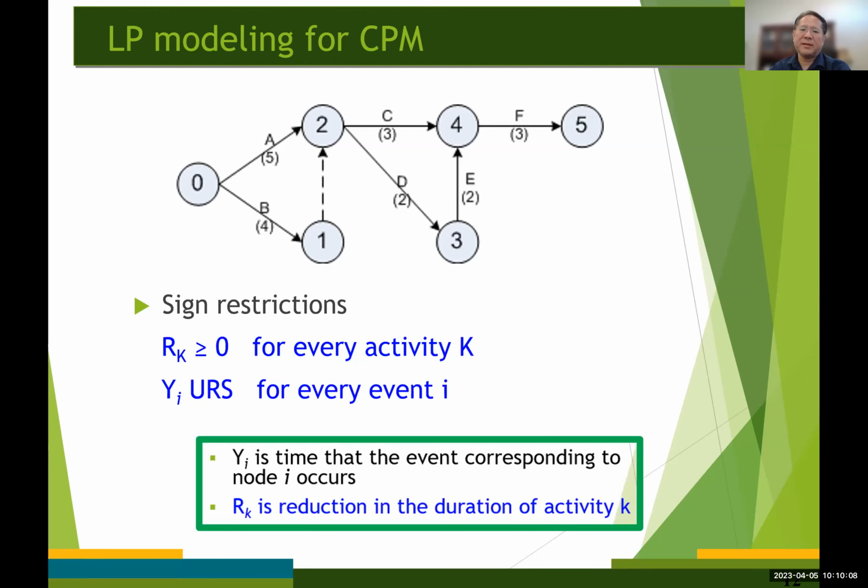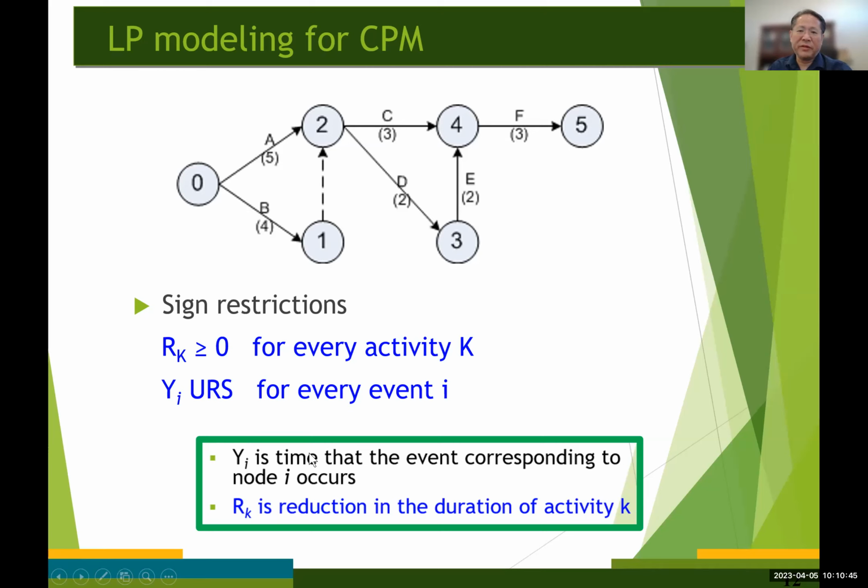Also, we need to add sign restrictions for every decision variable. And for our new decision variables, r sub k, we just need non-negativity restrictions. But as before, y sub I has no sign restriction because y sub I is the start time of each event.